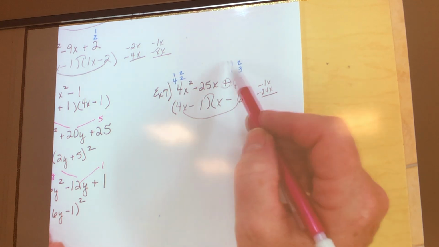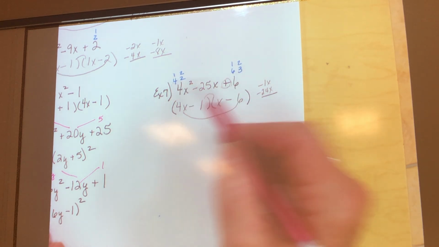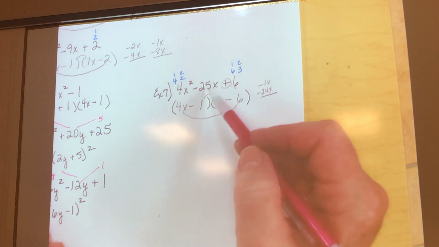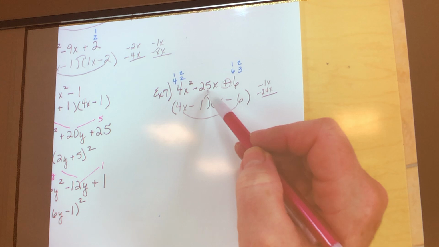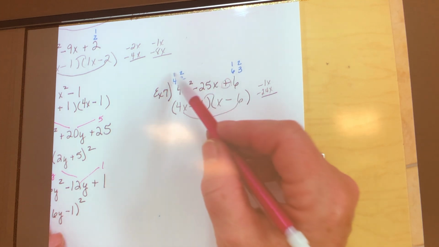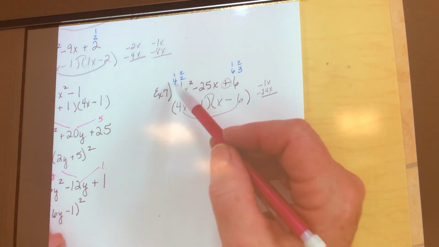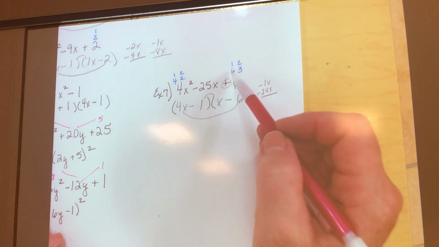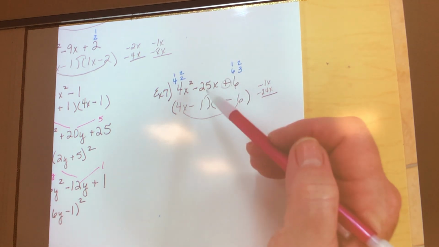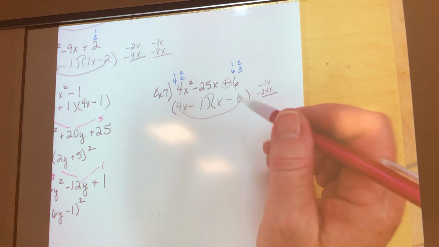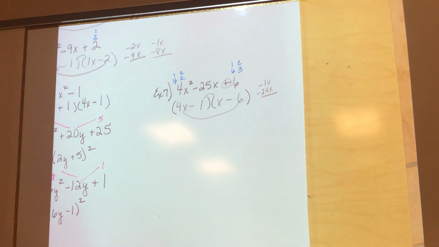So 1 times 1 is 1. 4 times 6 is 24. 1 and 24 make 25. That told me which ones to use. If it hadn't worked, I would have said 1 times 6 is 6, 4 times 1 is 4, and 6 and 4 make 10. If this had been a 10, that would have been what I would have used. That's just one of the tricks that I do.